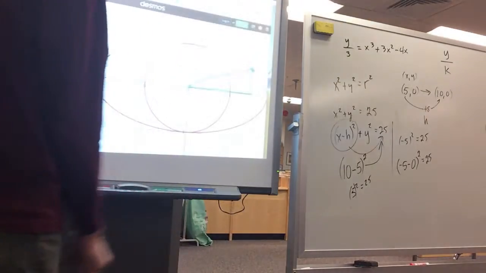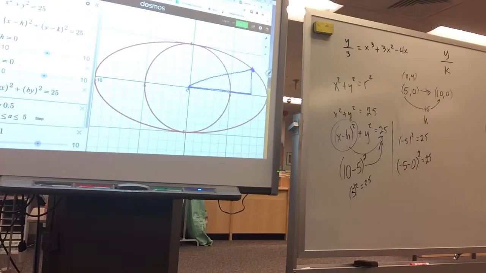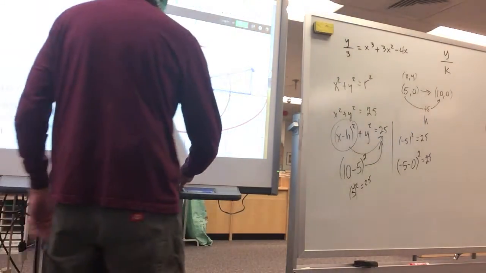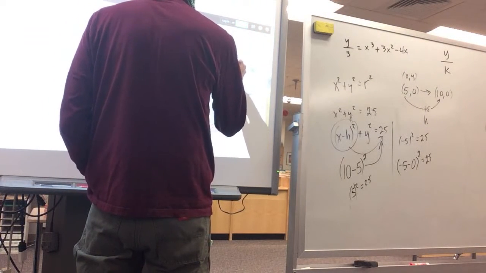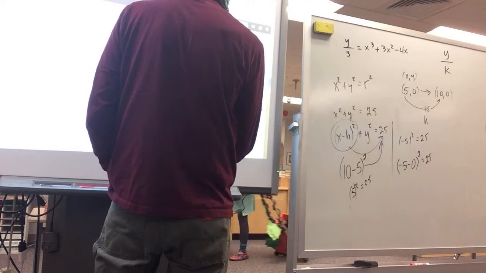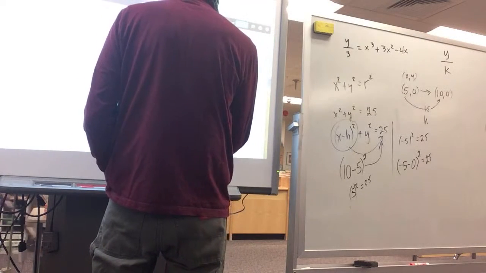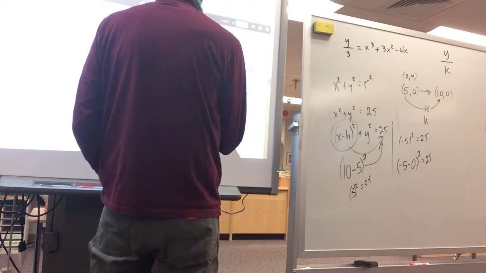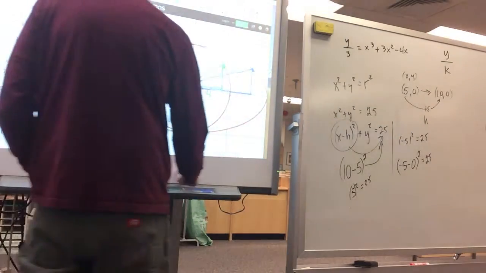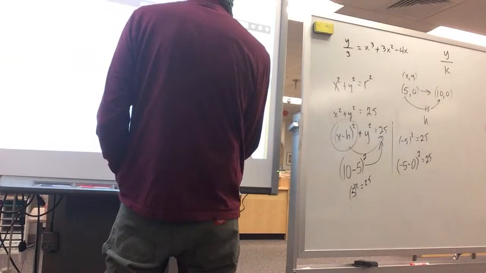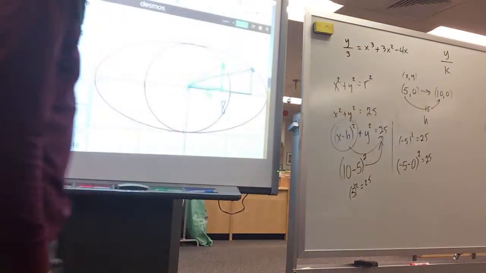Now, here is the original. Four along the x-axis, agreed? Then you're 8 along the x-axis, agreed?